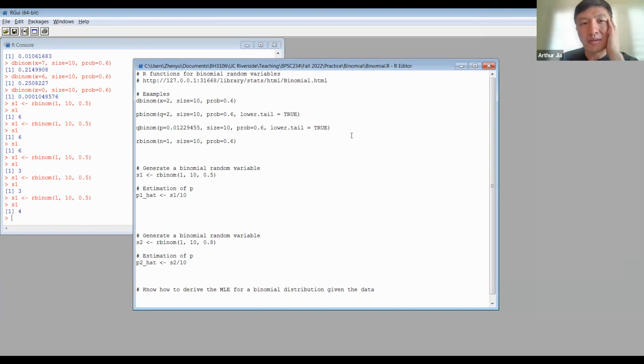I think I'm going to stop here. I'm still working on this assignment. I will post this practice to Canvas tomorrow. If you have time over the weekend, you can give it a try. I'm going to use the rest of the time today, till 11:15 or something, for questions.